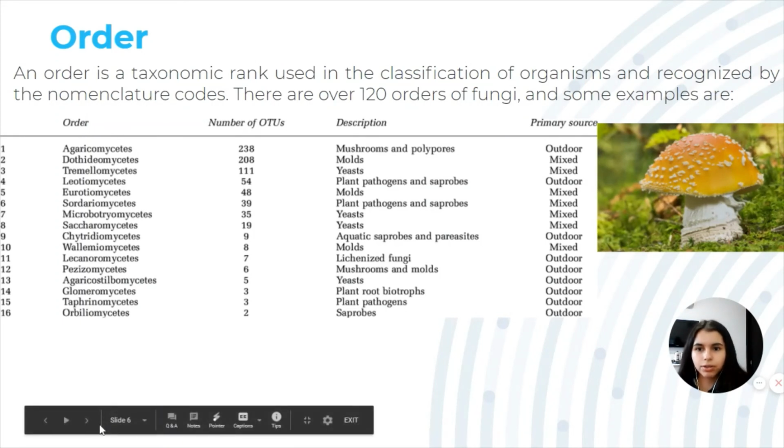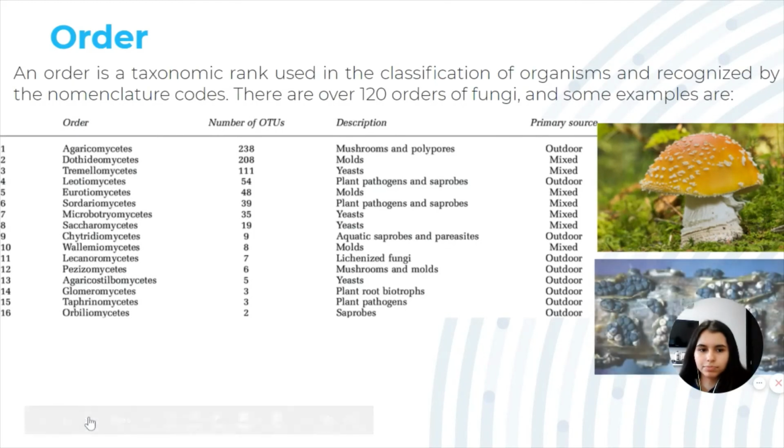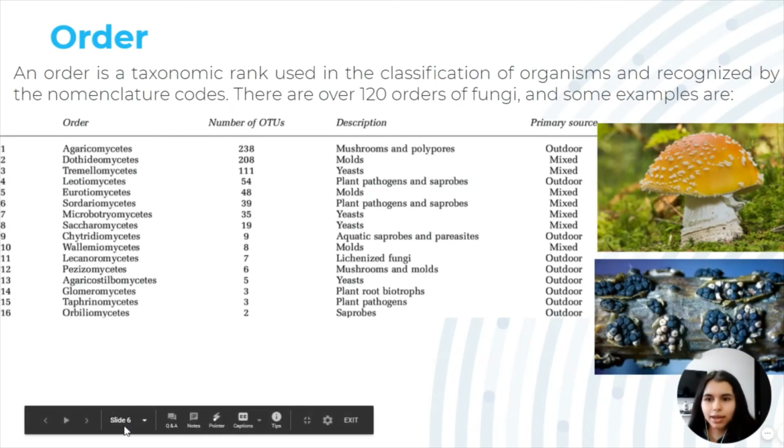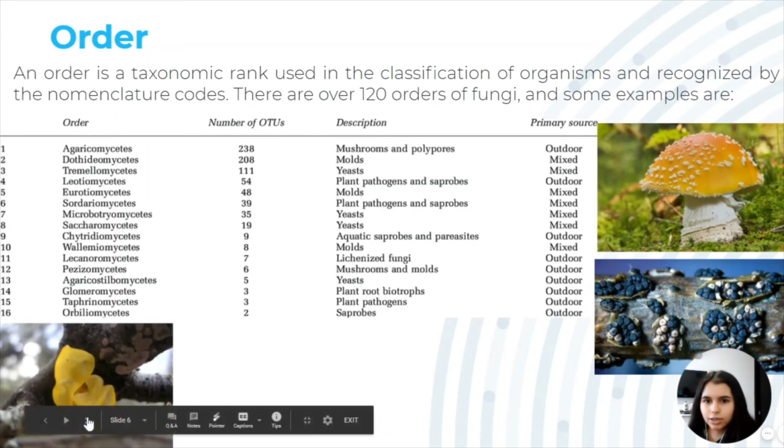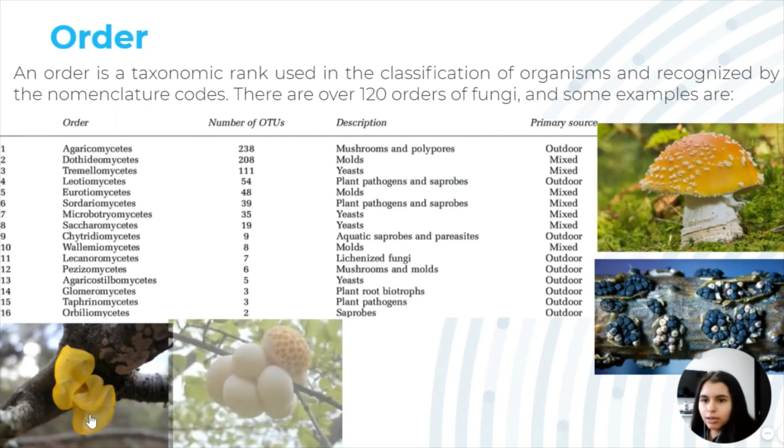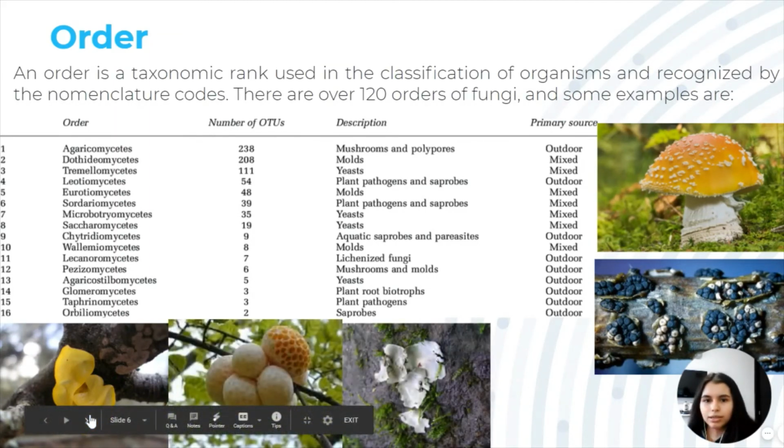Then we have Dothideomycetes, which look like molds. Then Tremellomycetes, which look a little bit like yeasts. Then Leotiomycetes, which look like plant pathogens and saprobes. And finally, Urediniomycetes, which look a little bit like mold.